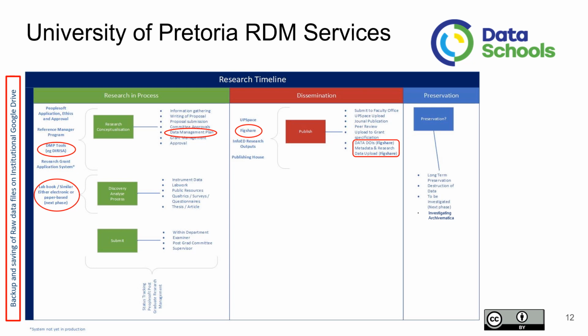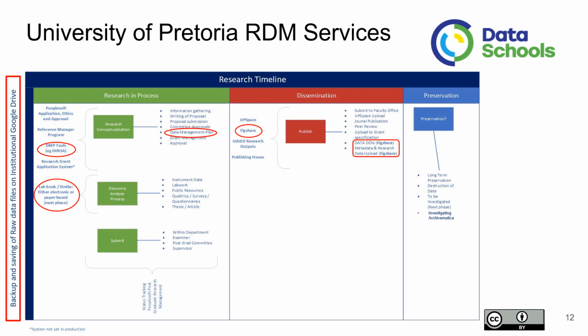This slide just gives a more detailed overview of services in each of the 3 stages as discussed in the previous slide. With regard to the backup and saving of data files during the research in process stage, we use an institutional Google Drive instance where researchers have unlimited storage space. Currently, UP is using the DMPonline tool and the Digital Curation Centre's DMPonline tool for data management plans.